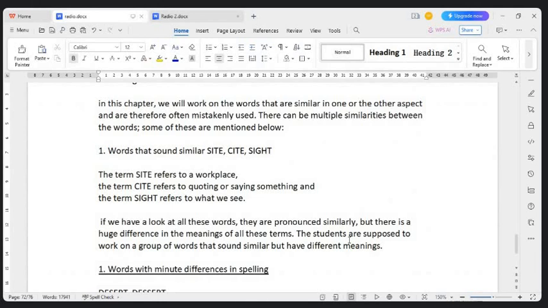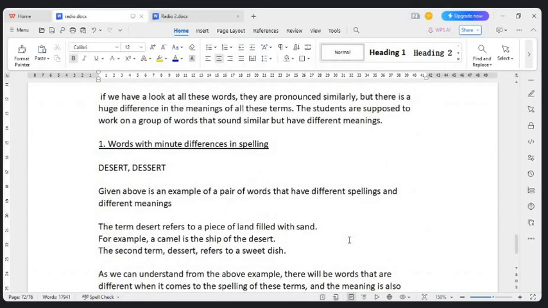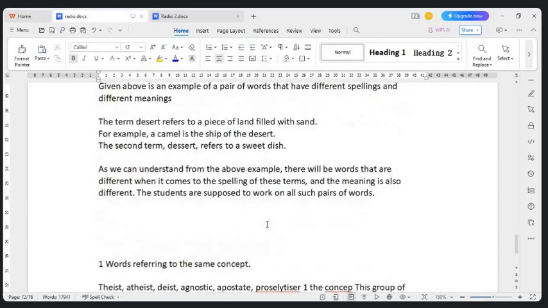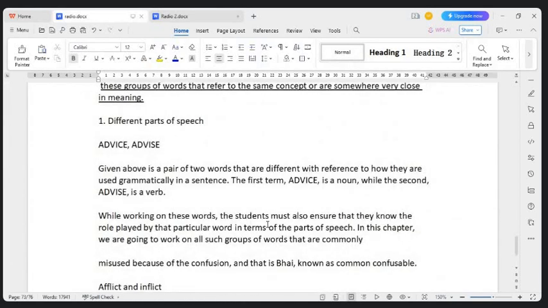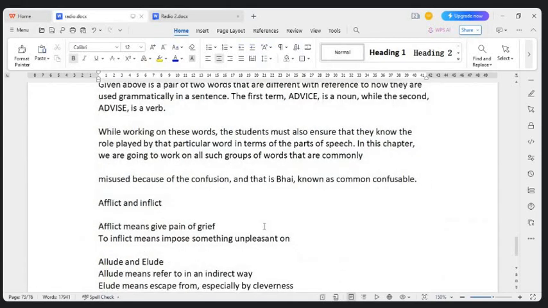Sight refers to what we see. All right, we saw desert, the land that is filled with sand-like particles, and dessert, which is a sweet dish, like ice cream. We discussed theist, atheist, deist, etc. We also discussed advice and advise, where advice is a noun while advise is a verb. Afflict and inflict.